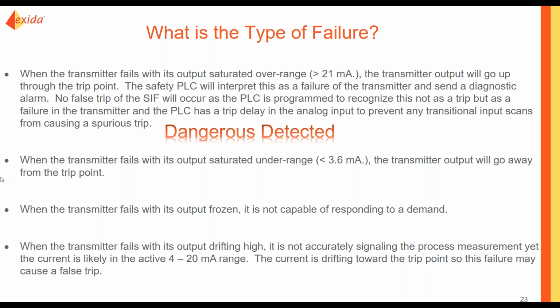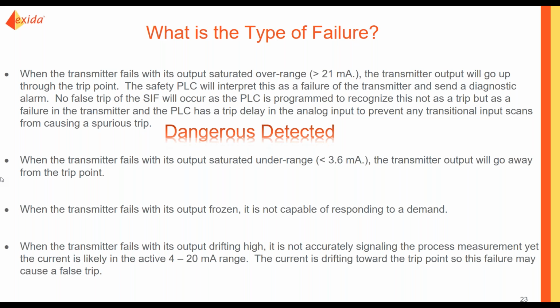The next, when a transmitter fails with its output saturated under range, so less than the 3.6, the transmitter output will go away from the trip point. The safety PLC will interpret this as a transmitter failure and send a diagnostic alarm.